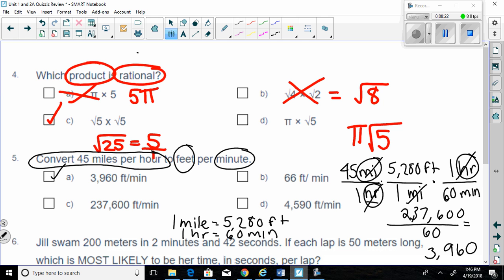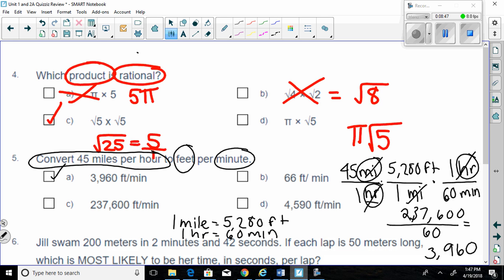Does that make sense? What if they gave us a conversion question and told us to explain how we solved it? You would explain you started with what you were given. So you were given that the person goes 45 miles per hour.